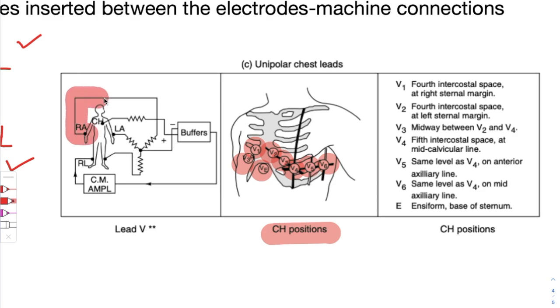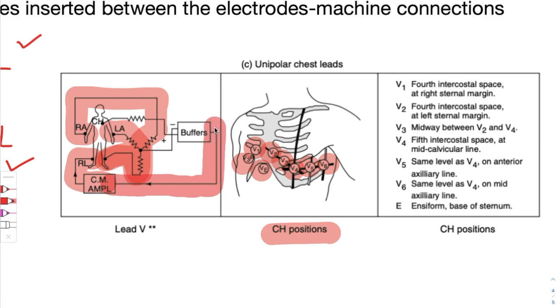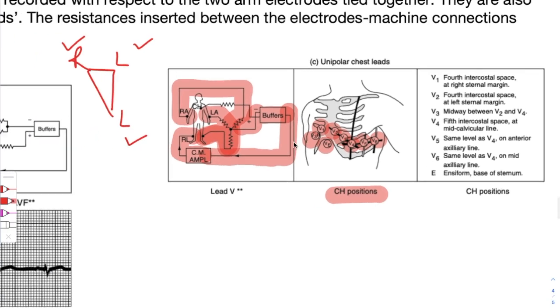We are connecting this lead to the leg, and the left arm is also connected. Then the right leg, as you can see, is used as a reference point in the above situation, and these are the buffers.